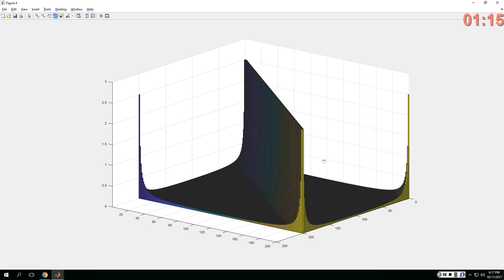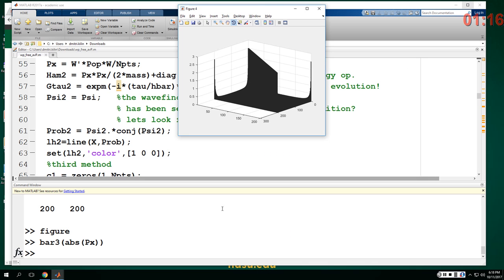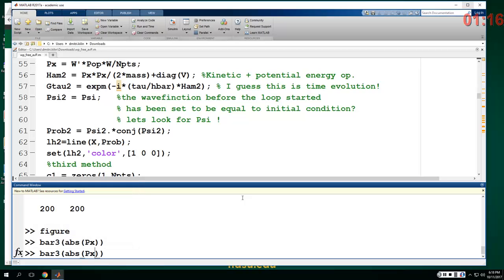So what do we do? Let's check. Let's try to catch me a line by replacing absolute value with real and imaginary and see what happens. So bar 3, real.